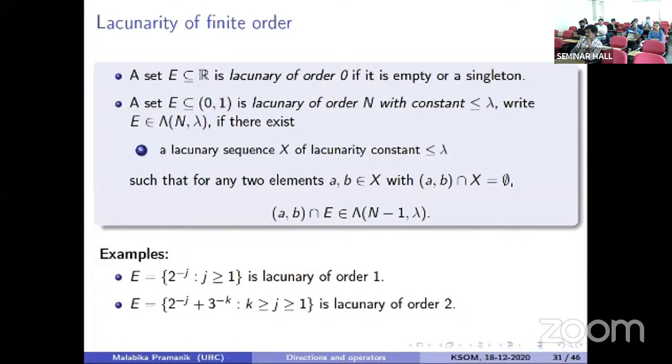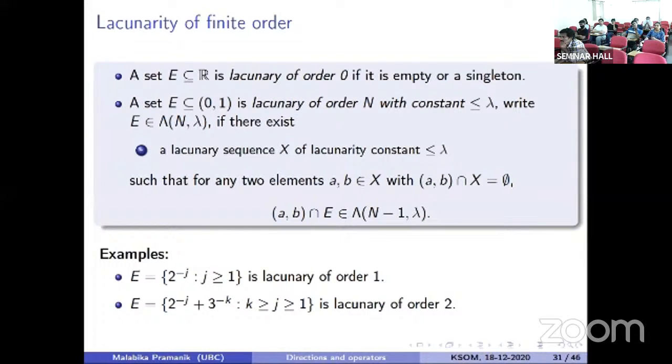The rigorous definition of lacunarity of finite order proceeds inductively. A set capital E is lacunary of order 0 if it is empty or a singleton.